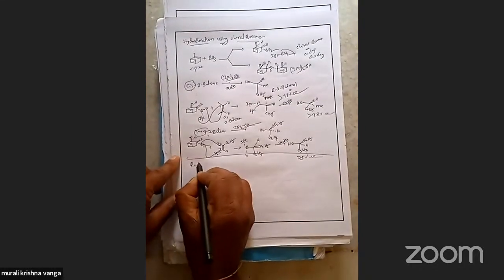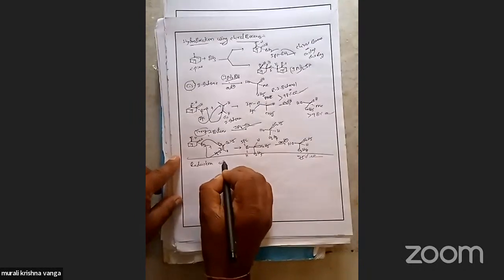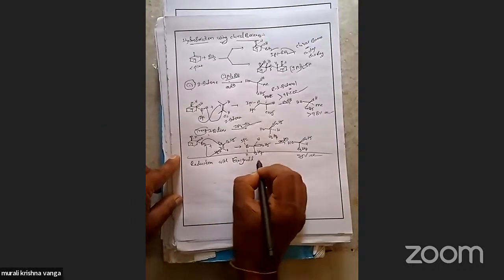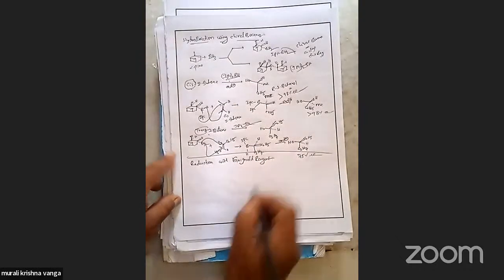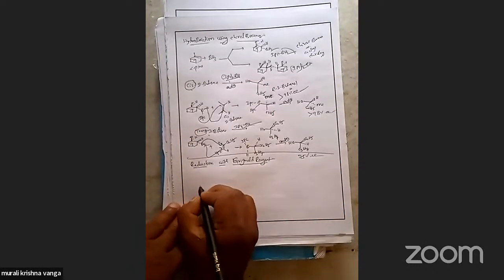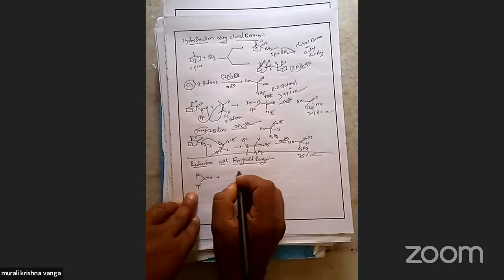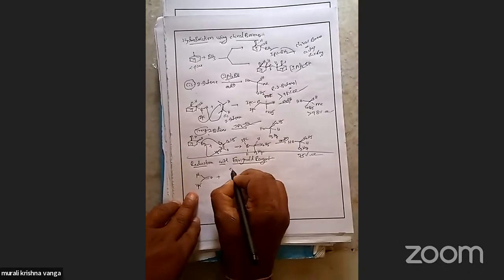Next, reduction with Grignard reagent. When we take isopropyl phenyl ketone, it reacts with a chiral Grignard reagent.